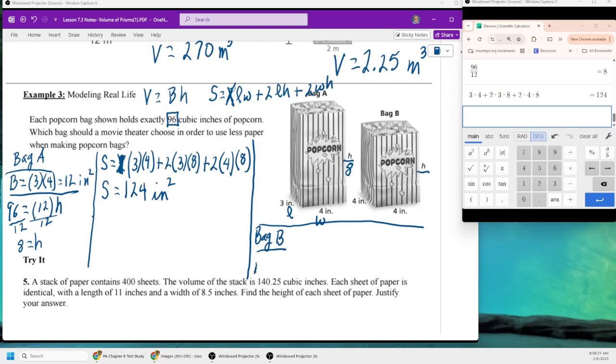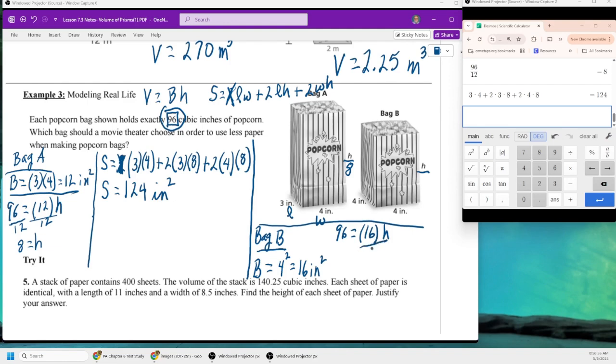All right, so the area of its base, it has a square base, so it's going to be 4 squared, which is 16. So the area of its base is 16 square inches. So again, going back to the volume, it is equal to the area of the base times the height, which is what we don't know.